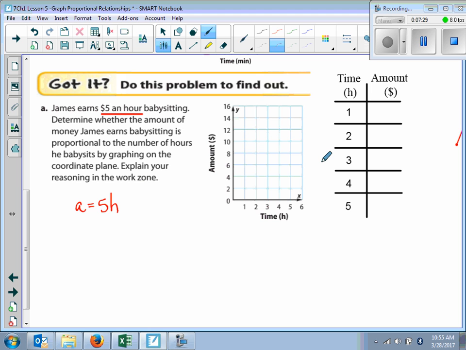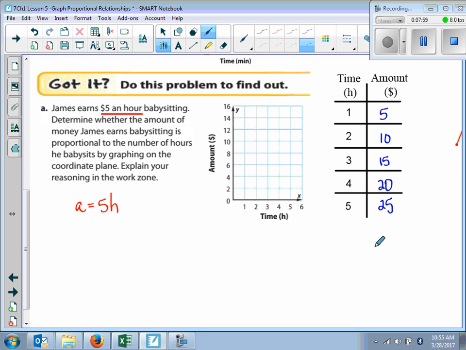If he didn't work any hours, how much is he going to earn? 0, right? I just didn't put that number in the table. So here we have 5 times 1, which would give me $5. 5 times 2, 10. 5 times 3, 15. 5 times 4, 20. And 5 times 5, 25.